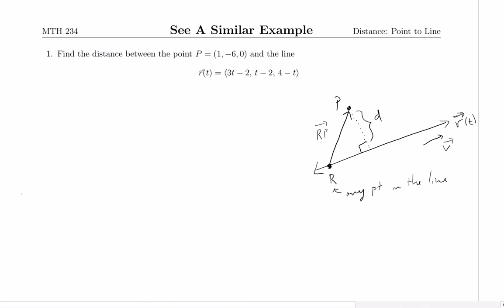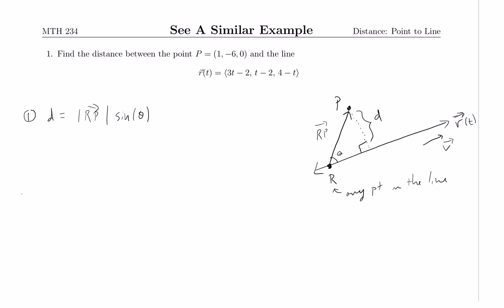It starts at R and ends at P. Then, by basic trigonometry, if we call this angle here theta, then the distance we want, since it's the side opposite theta, is the length of the hypotenuse times the sine of theta. I'm going to call this equation 1 for now. Now, as it stands, this isn't super useful because we don't know what theta is, because we just picked a random point R.